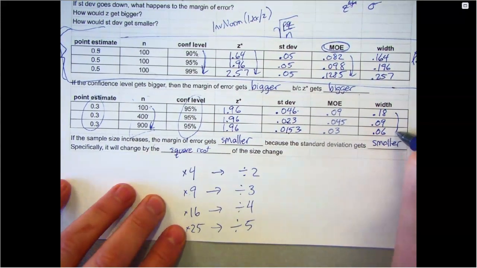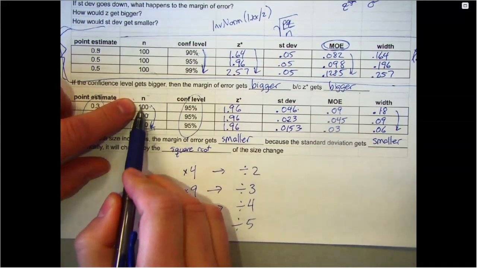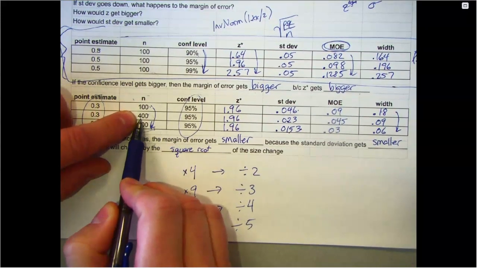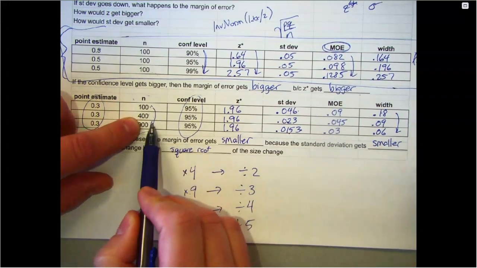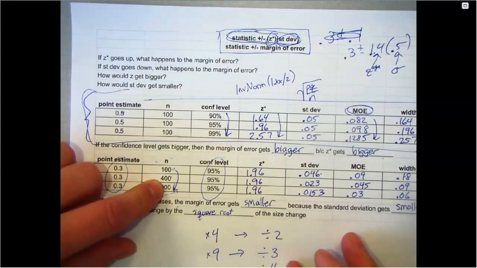You can probably tell it most clearly with the width, actually, because these are easier numbers. So again, I quadrupled n to get from the top row to the second row. So I multiplied by 4, and then what happened to the width? Divided by 2, right? It's cut in half. Multiplied by 9. Well, isn't 0.18 divided by 3 the square root of 9? Isn't 0.18 divided by 3.06? So just trying to show you that it works.